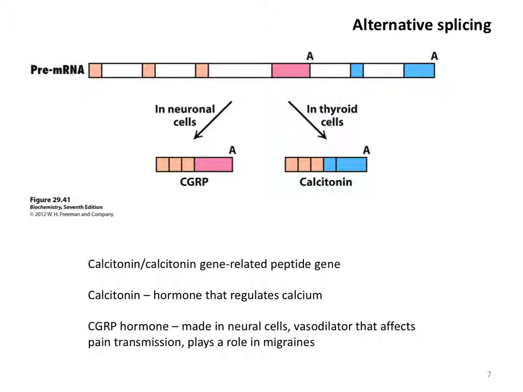It's a protein hormone, and it's made in neural cells. It acts as a vasodilator, and it affects pain transmission. It plays a role in migraines, so it's really well studied. The other protein is called calcitonin. It's a protein hormone as well, and it regulates calcium load. It's really important in the thyroid. Both of those proteins are encoded by the same gene.